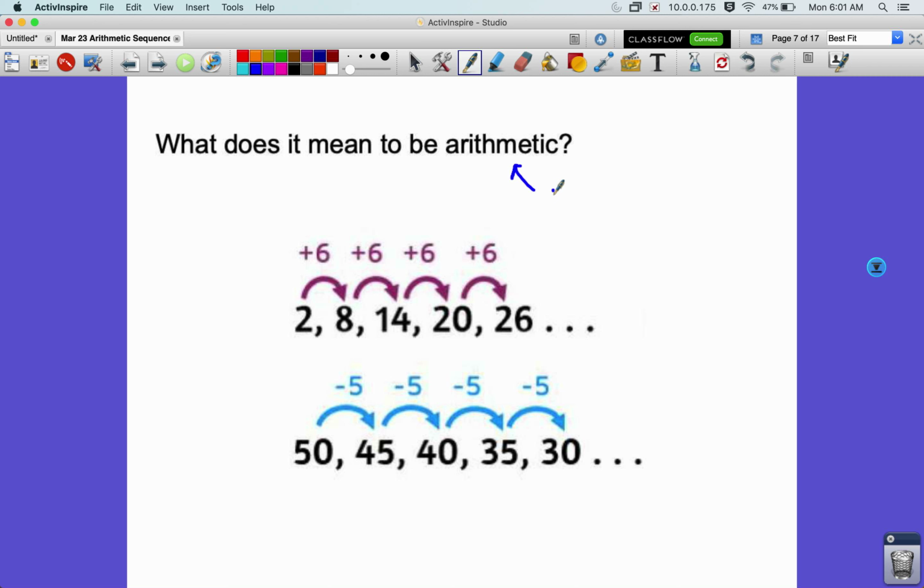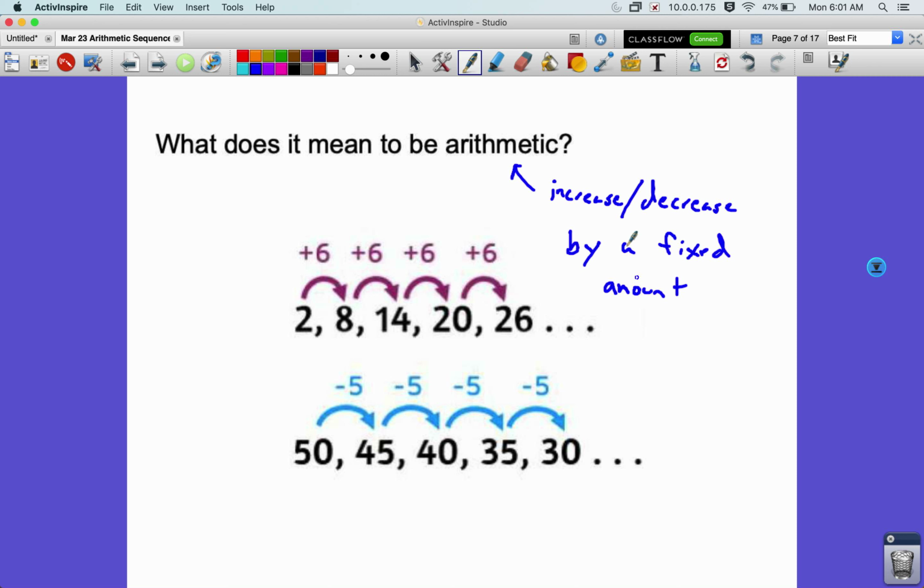So they increase or decrease by a fixed amount. That's what we see here, plus 6, plus 6, plus 6, plus 6.